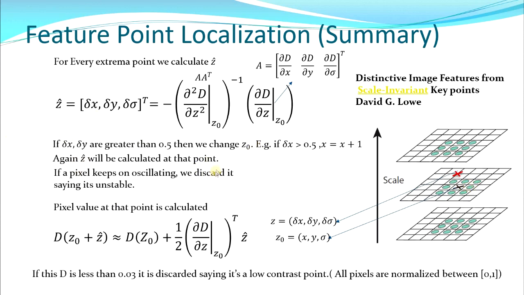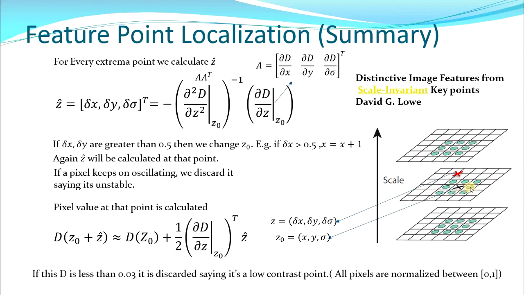That is what is written over here. After you do that, you take this as z naught, and again start this process. Again calculate z cap and D of this thing. So that is an iterative kind of process. But if they are moving a lot, you calculate z cap for this pixel, and it turns out to be greater than 0.5.